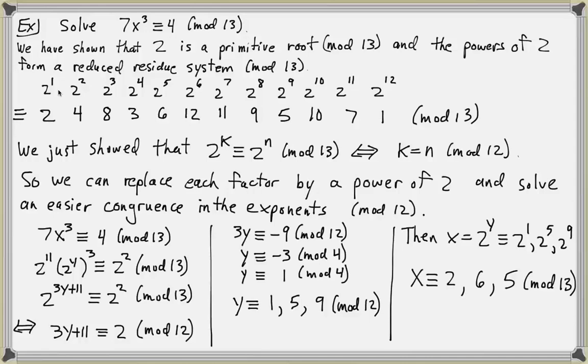So we're using the fact that the powers of a primitive root generate a reduced residue system mod a prime, so we can rewrite every residue as a power of 2 and solve the congruence in the exponent instead of solving a more complicated congruence like this cubic polynomial congruence.